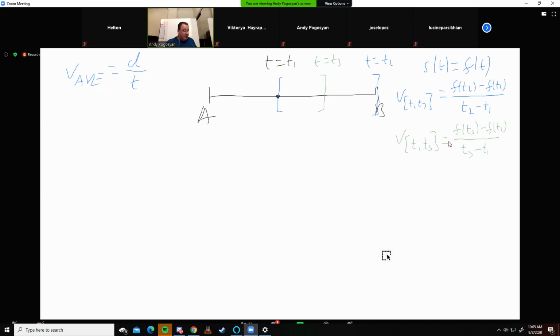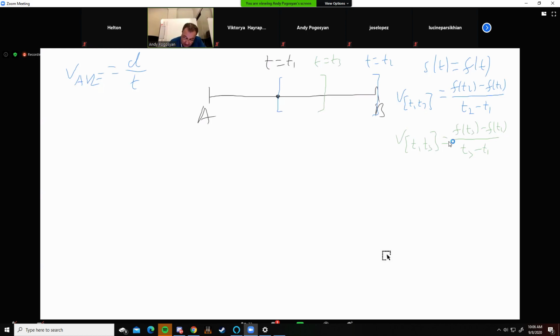But the t3 value we choose is something closer. That means the time-wise it is a shorter amount of time.